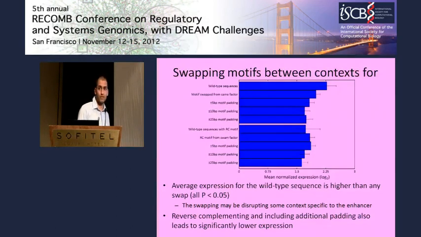Perhaps there's other binding sites or something that overlap with the motif that are important in this context. And moreover, although you can't clearly see it here, the sense strand had higher expression than the anti-sense strand, which again suggests that while the motif itself and maybe even the enhancer doesn't have a sense with respect to the gene that it is regulating, within the enhancer itself, the sense may be important.